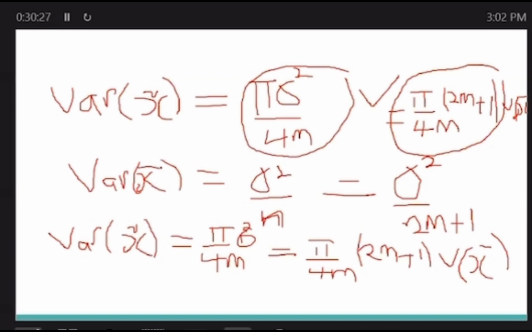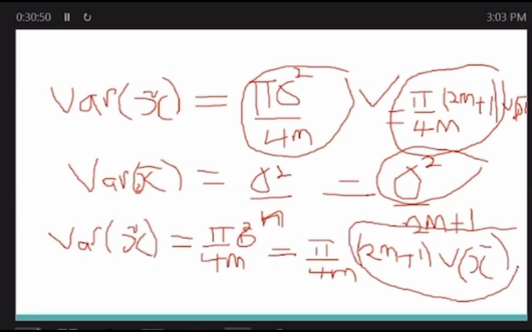The variance of the sample mean is sigma squared over 2m plus 1. If I want to make sigma squared the subject of the formula, it is going to be variance of x bar multiplied by 2m plus 1, and that is what you are seeing here.